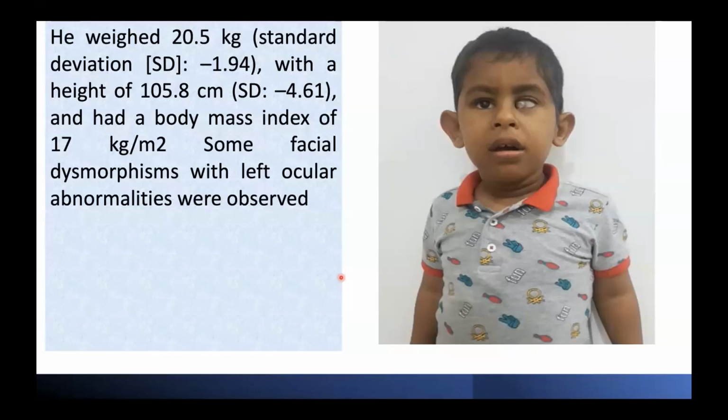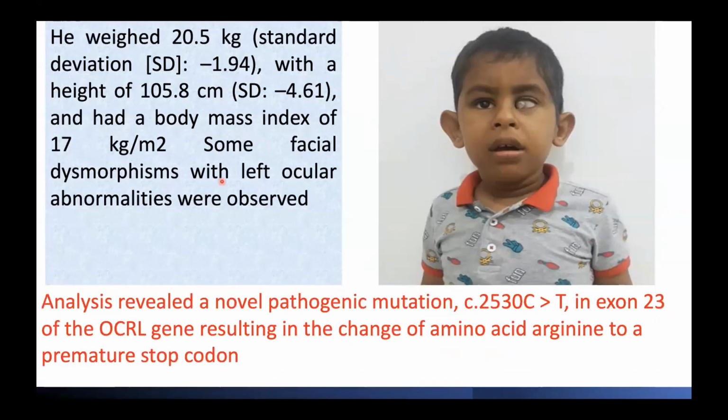His weight was normal, but he was severely stunted, and there was significant facial dysmorphism like low set ears, ocular abnormality, prominent forehead, and also a triangular mouth. Genetic analysis was done, and they found an OCRL gene mutation and confirmed the diagnosis as Lowe syndrome.